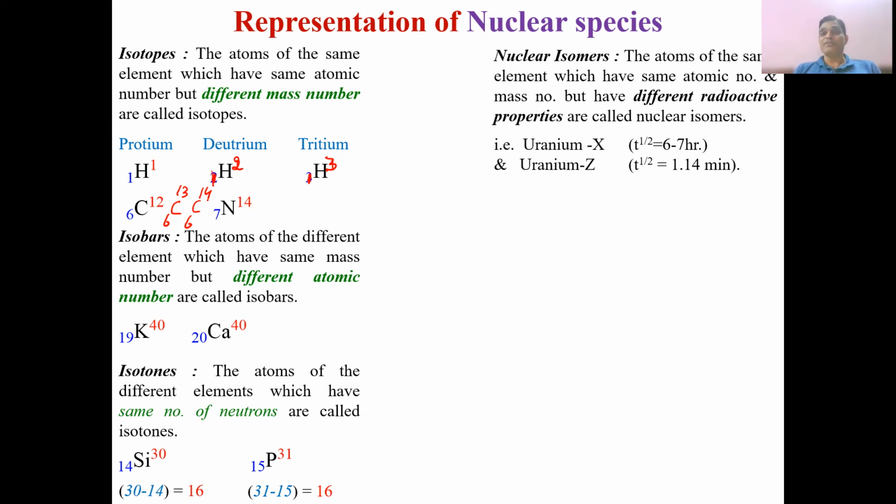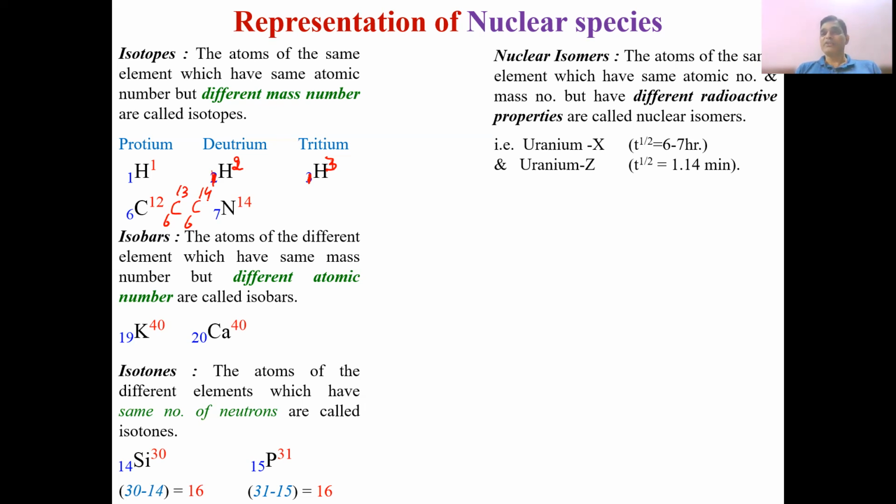Half-life is the time period in which the concentration of a species reduces to half of its original concentration. For example, if the concentration of uranium X is 1 gram, its concentration becomes 0.5 gram after 6 to 7 hours. So the half-life of uranium X is 6 to 7 hours. That is the meaning of half-life period.